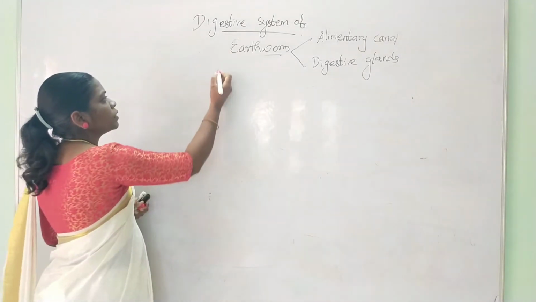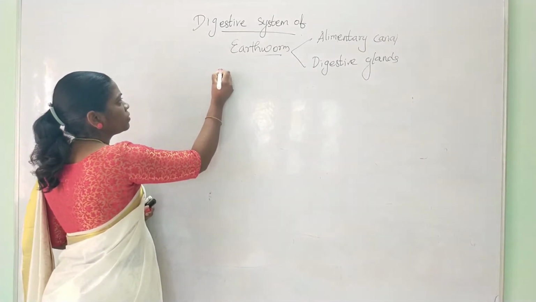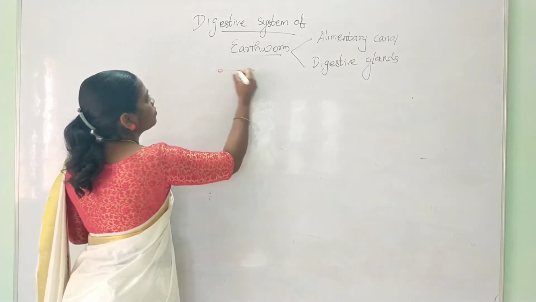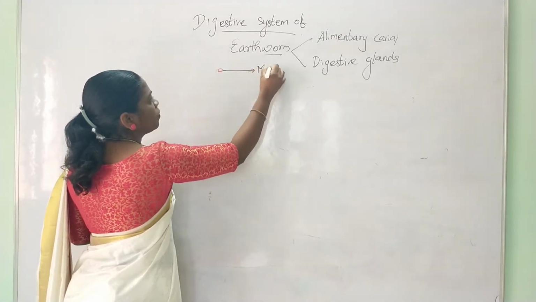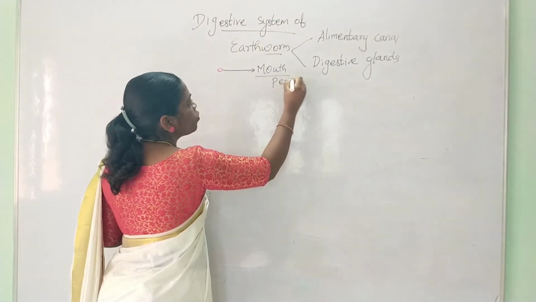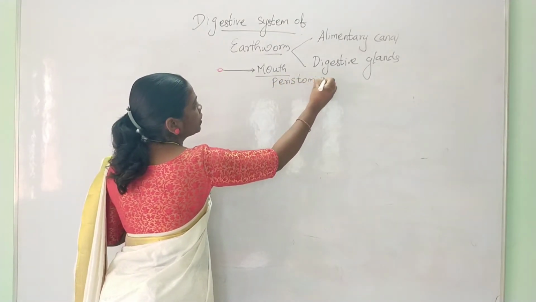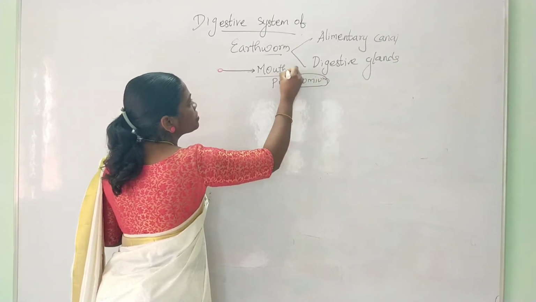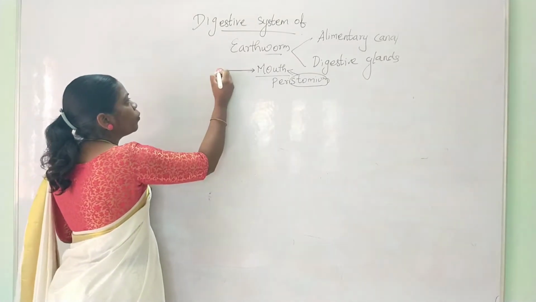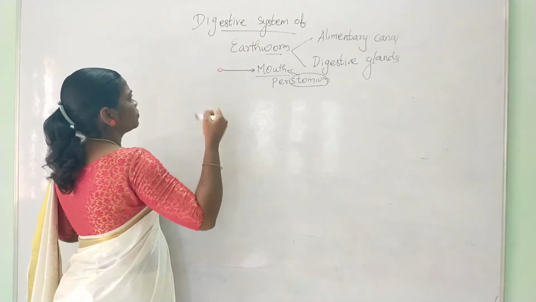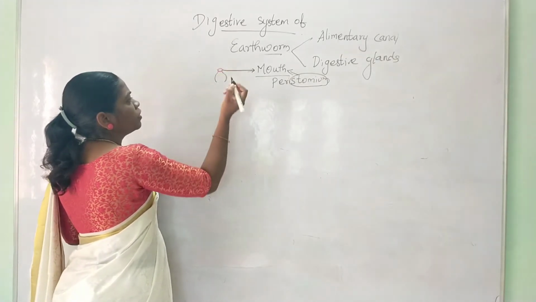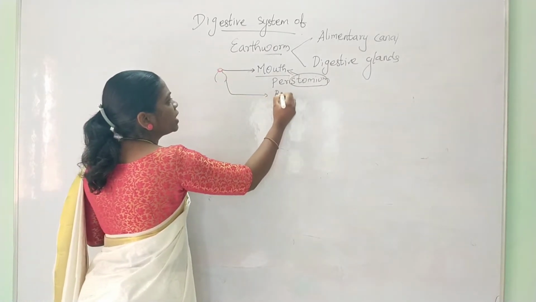So it starts from a small opening, that is the mouth, which is also known as peristomium. Stomium refers to mouth. Followed by this, you can find a somewhat wider structure known as the buccal cavity.